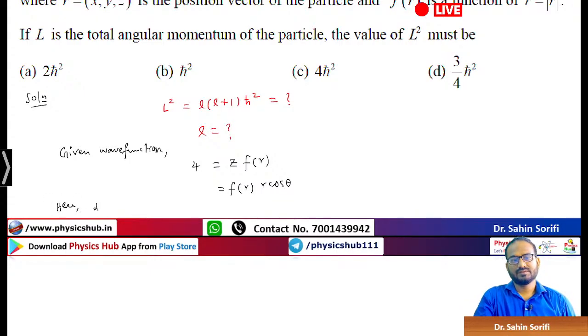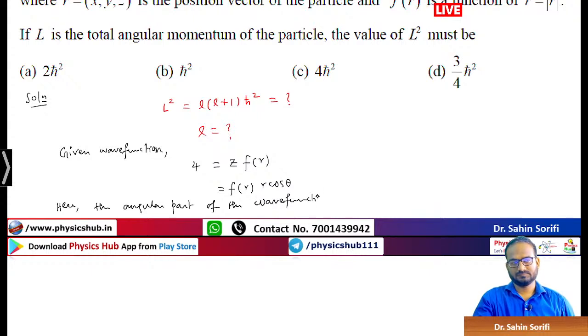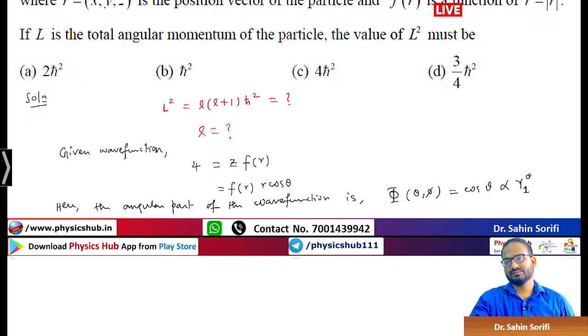So here, the angular part of the wave function, what will be the answer? I think you should have done it by now. Phi of theta phi equals cos theta, and you know this is proportional to Y10, as you have seen here.